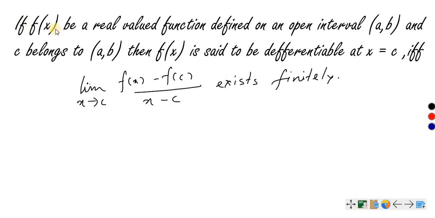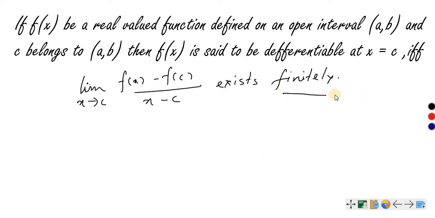Thus, if f of x is a real valued function defined on an open interval a comma b and c belongs to the open interval a comma b, then the function f of x is said to be differentiable at x equals c if and only if limit x approaching c of f of x minus f of c divided by x minus c exists finitely. You must say this term finitely.